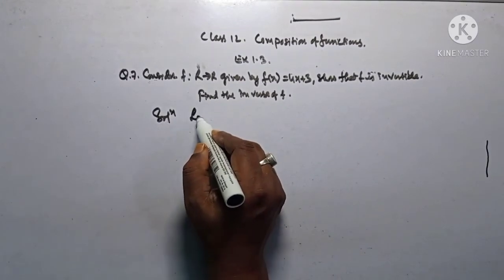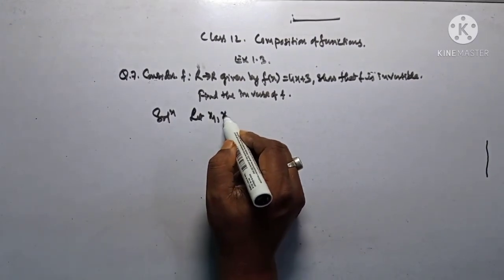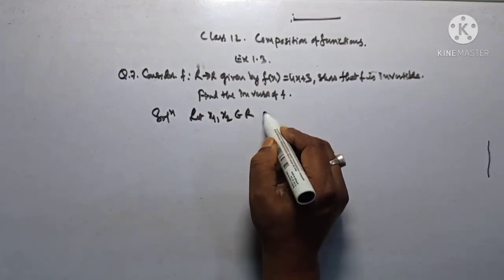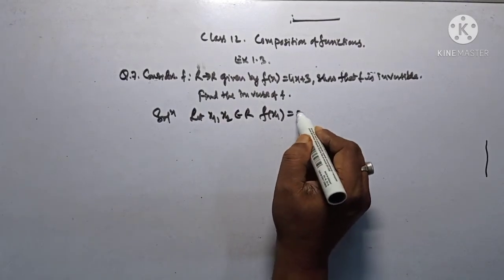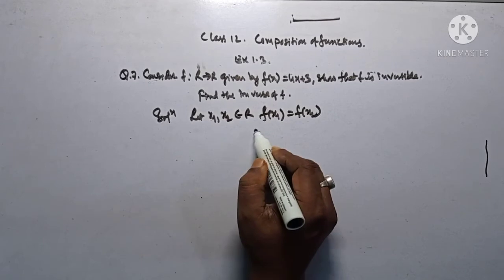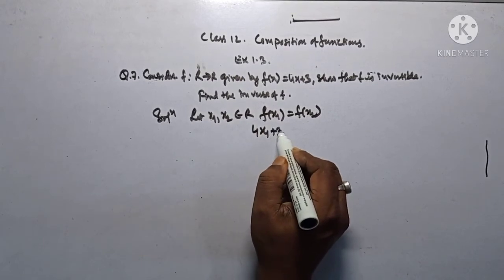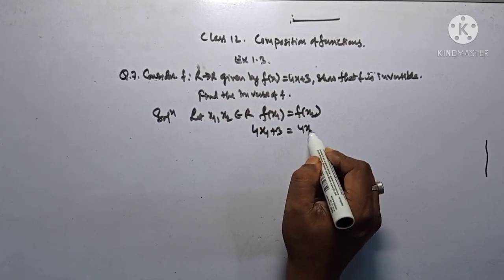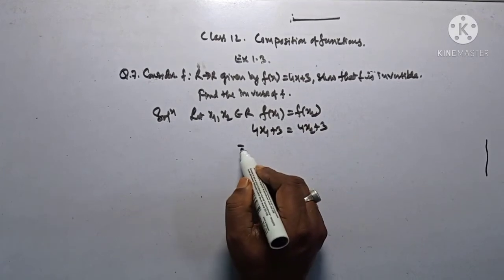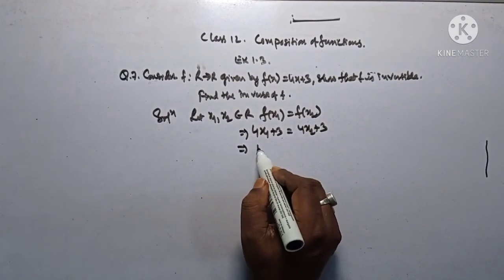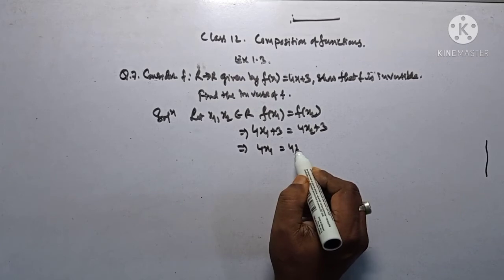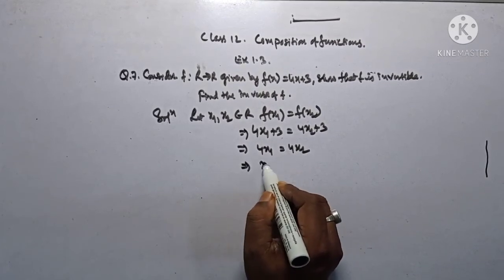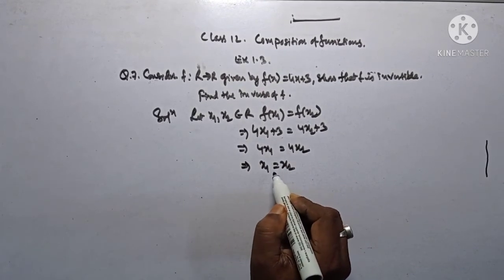Then let x1 and x2 belong to real numbers, so f(x1) is equal to f(x2). So 4x1 plus 3 will be 4x2 plus 3. So this will be 4x1 is equal to 4x2. So this will be x1 is equal to x2.